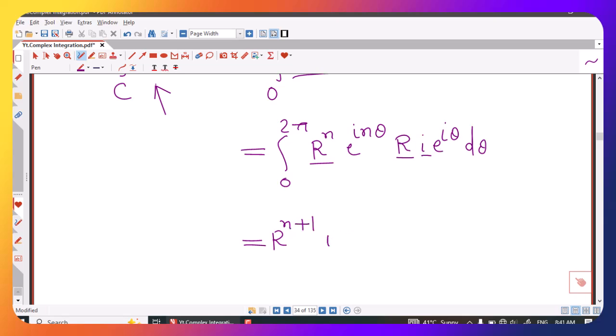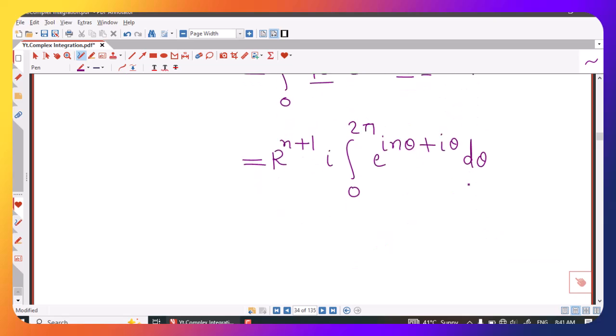This i is also independent of theta, and inside the integral we have 0 to 2 pi, and we can combine this as e raised to i n theta plus i theta, integral with respect to theta.